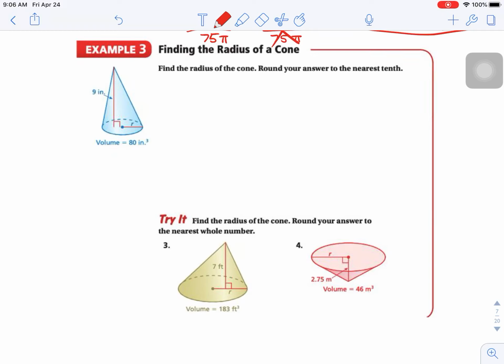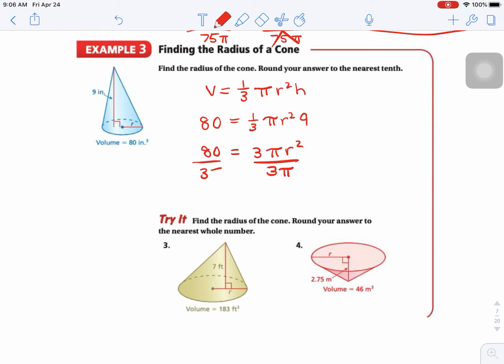Now let's try finding a radius. Same idea. Volume is 1/3 pi r squared h. Plug in what we know. 80 equals 1/3 pi r squared times 9. Simplify: 1/3 of 9 is 3, so 80 equals 3 pi r squared.